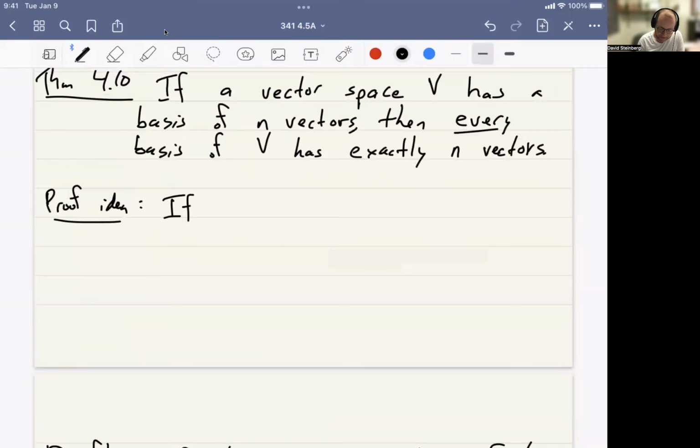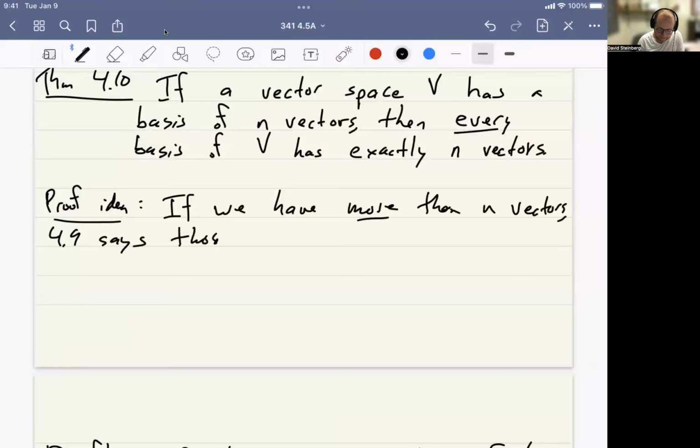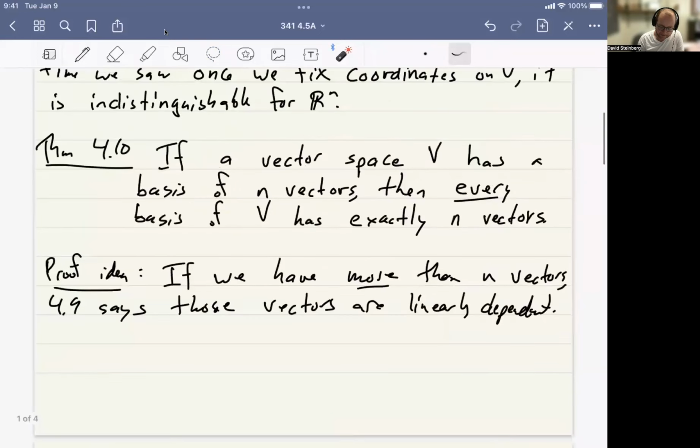If we have more than n vectors, 4.9 says those vectors are linearly dependent. If we had a basis of fewer than n vectors, then 4.9 would say that this basis of n vectors is linearly dependent, but we know it isn't. So that can't work.